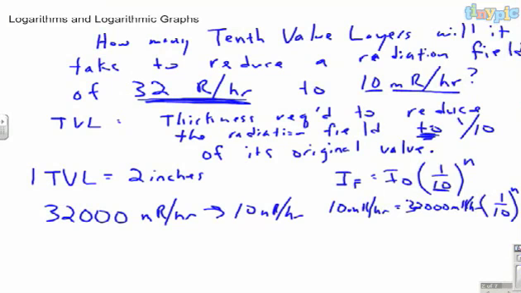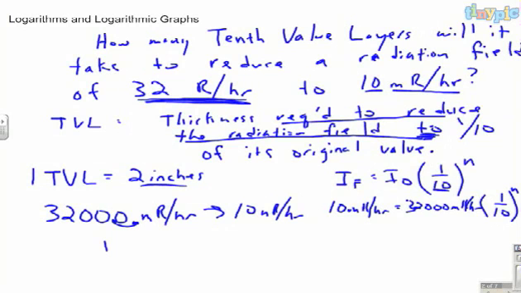Every time we put 2 inches of lead, we reduce this by a factor of 10. That's what a 10th value layer is, the thickness required to reduce the radiation field to 1/10. So here's our decimal place on 32,000. We move the decimal place once, and we put in 1 tenth value layer, it's going to reduce it by 10. We'd be down to 3,200 MR per hour. So that would be 1 TVL.